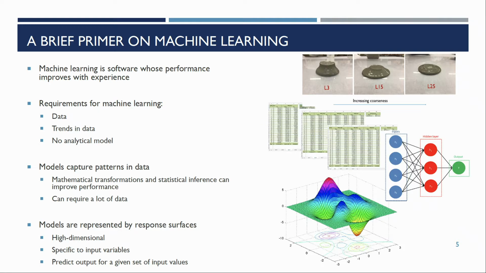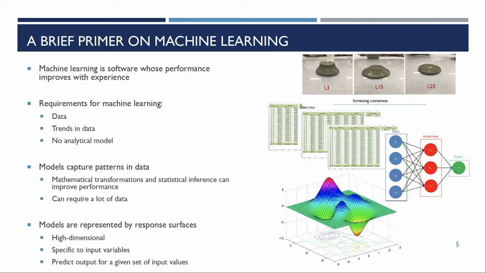The requirements are, one, you've got to have data, and you need to see trends in the data. Up there on the top, I show the mini slump of LC3. For increasing coarseness of the limestone particles, you see more spread, which makes sense. And so we see clear trends in the data, check. And then also, no analytical model.